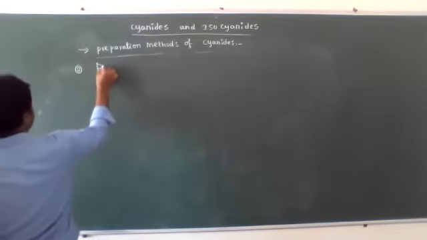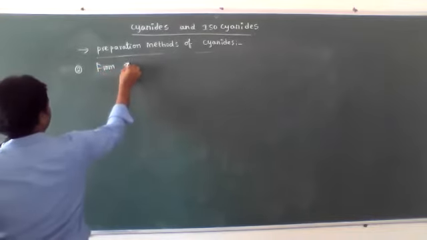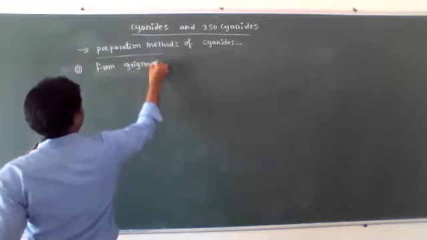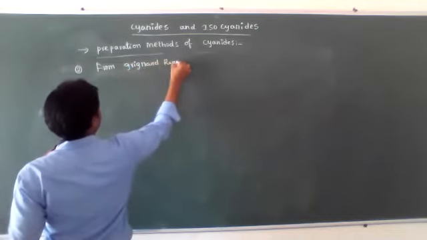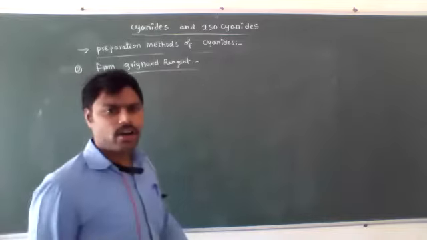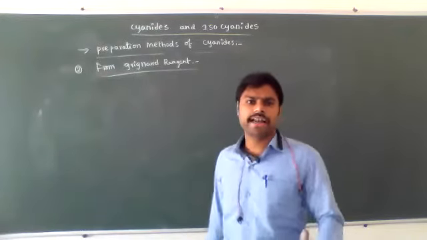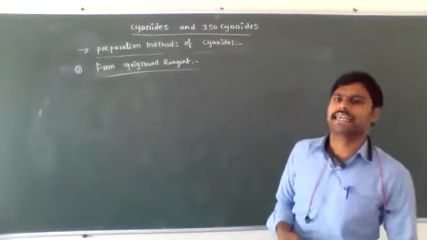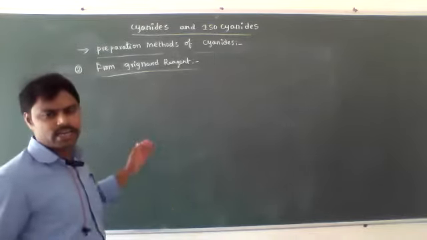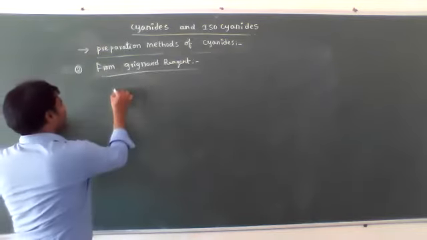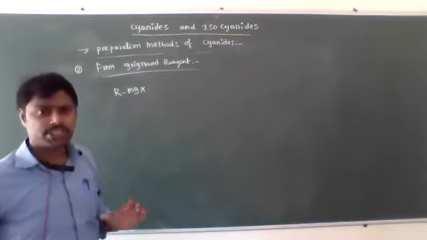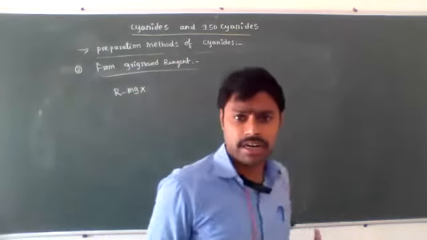From Grignard reagent. So from Grignard reagent, how we are able to synthesize the cyanides? You know very well Grignard reagent general formula is RMgX. Alkyl magnesium halides are called Grignard reagent.